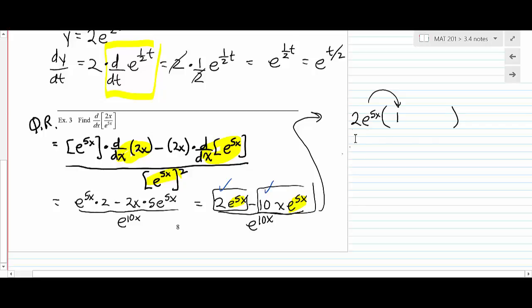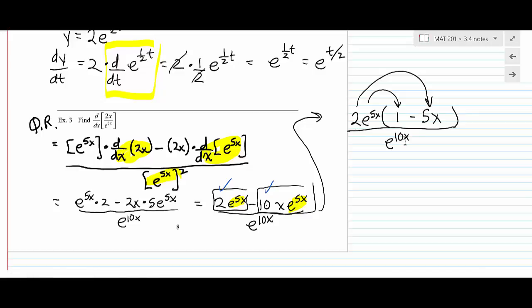What do you multiply 2 by to get 10? 5, and you also need an x, right? Every time you factor something, check it in your head and make sure it's right. That's 10x e to the 5x. Now I still have the e to the 10x. Does that factoring look okay? That's the algebra issue that we deal with a lot in this level of a class.